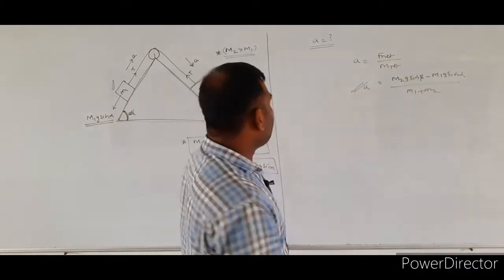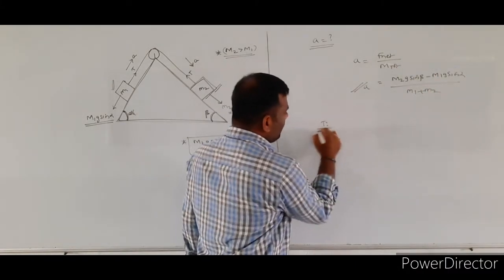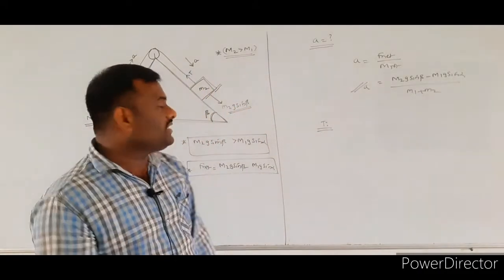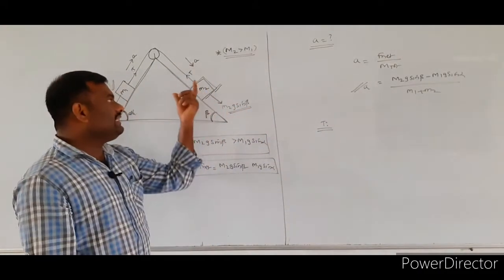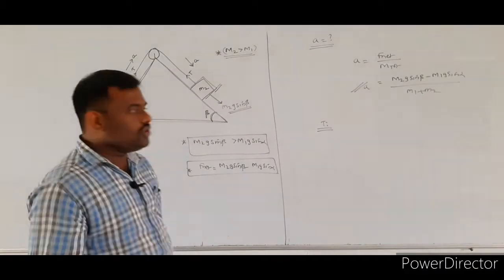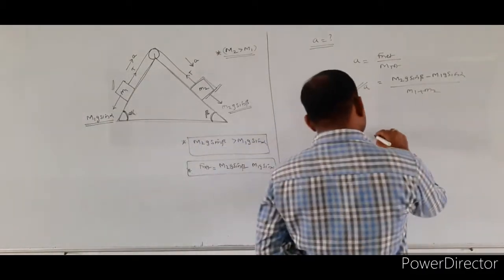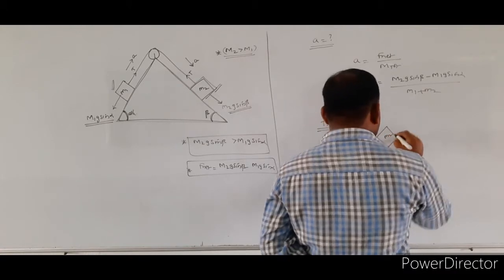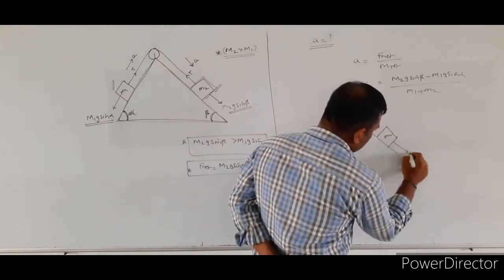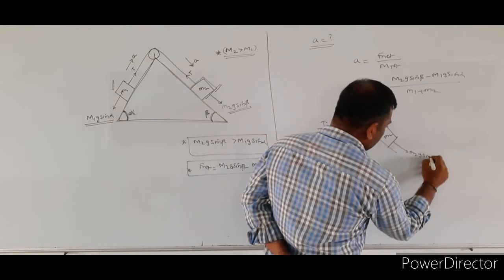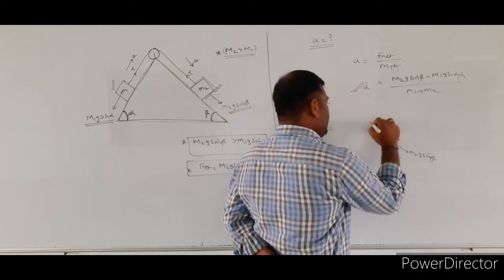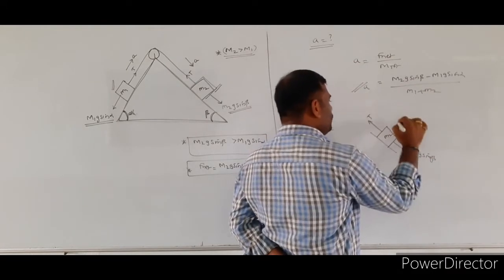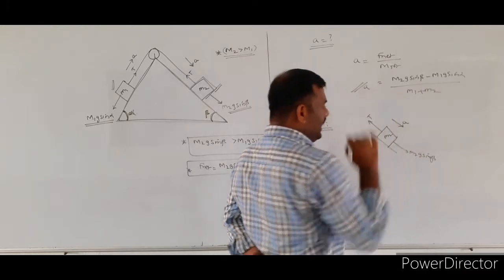Now we are going to calculate the tension value. I consider the free body diagram of m2. The downward force is m2g sin beta, and the upward force is the tension T, and this is the acceleration.